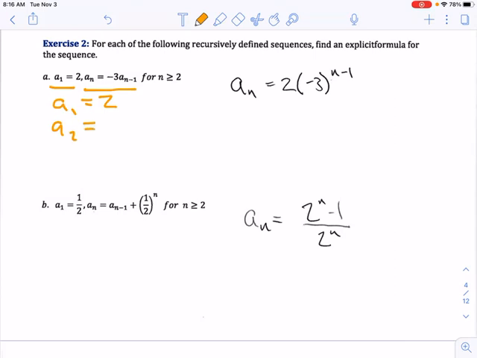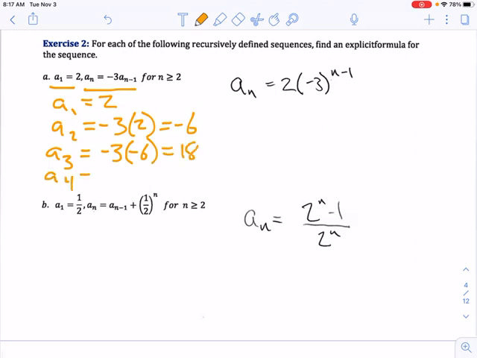So a sub 2 is going to be negative 3 times a sub n minus 1. In other words, negative 3 times the previous term, which was 2. So that's negative 6. A sub 3 is negative 3 times the previous term, which is negative 6, which is 18.